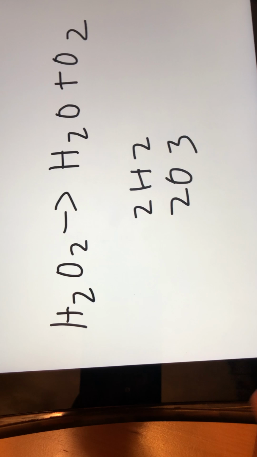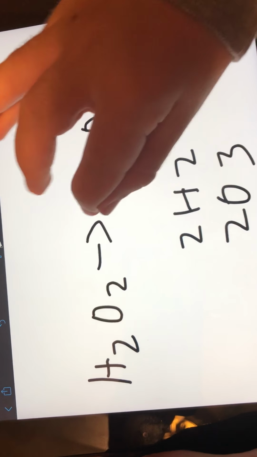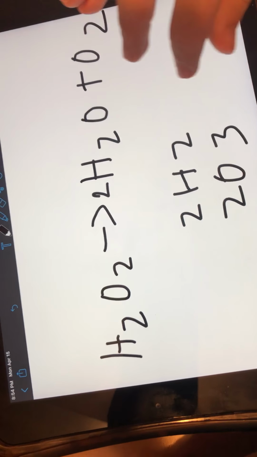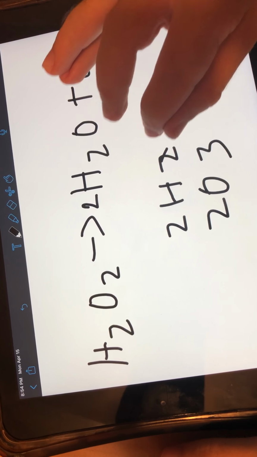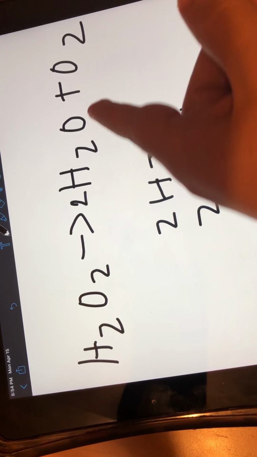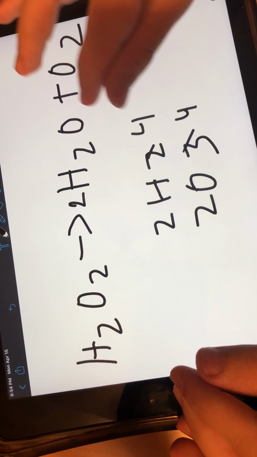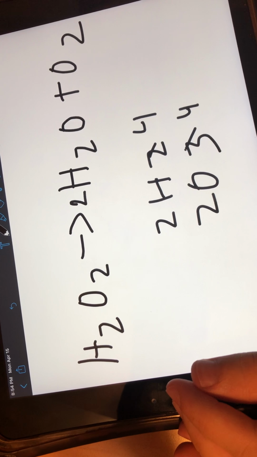So we're going to put a 2 in front of the H2O, and that's going to change the H to a 4 and the O to a 4, because you have to imagine that there's a 1 there, so 2 times 1 is 2, plus the O2 would be O4.